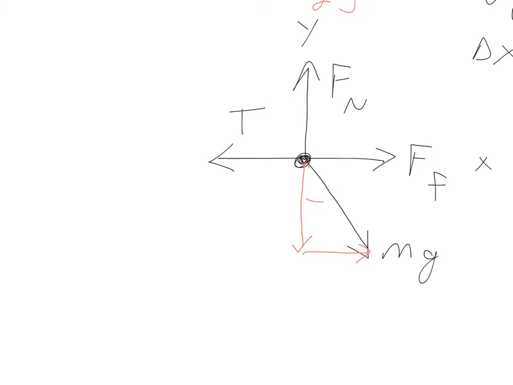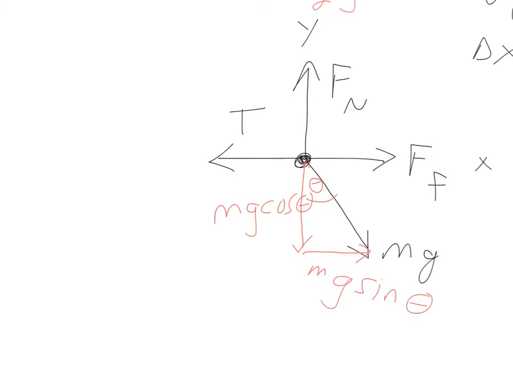And using the angle that we measured, I can use my trig functions to show that the down piece is mg cosine theta and the across piece is mg sine of theta. This piece here being opposite the angle and this piece here being adjacent. Therefore the cosine there and the sine there.